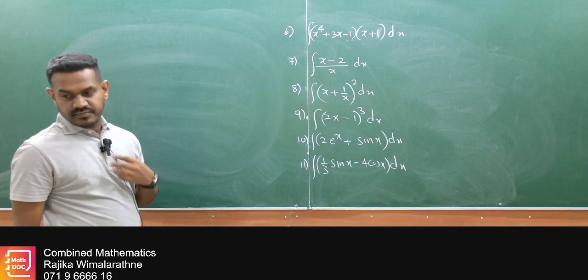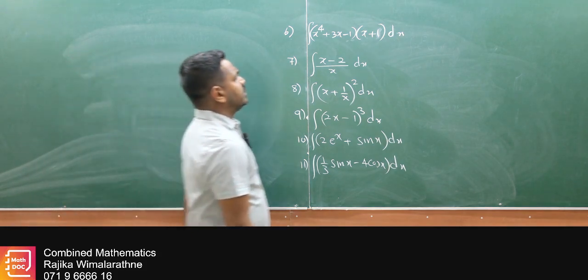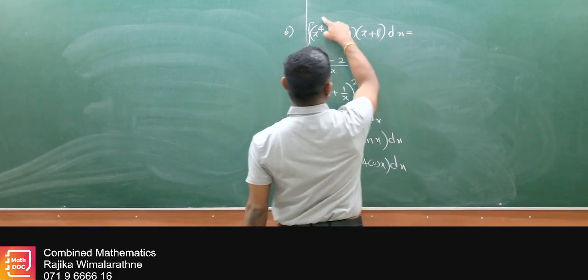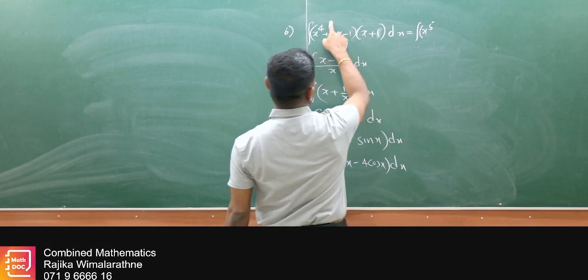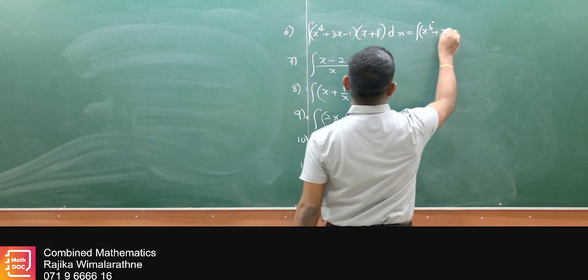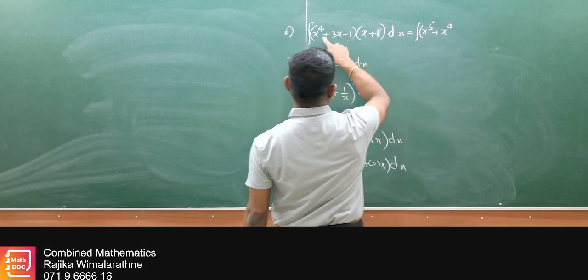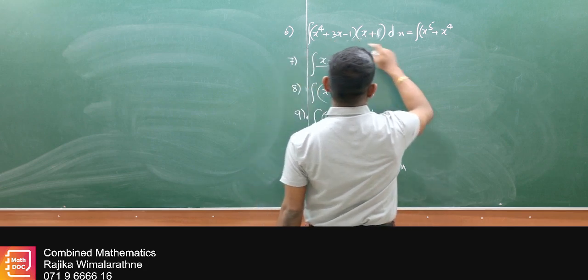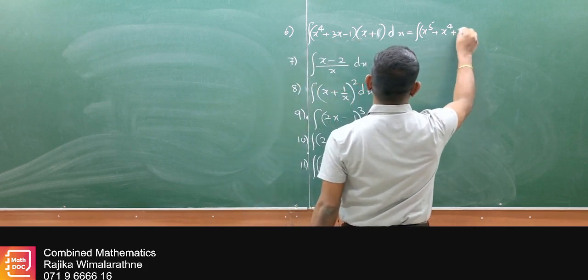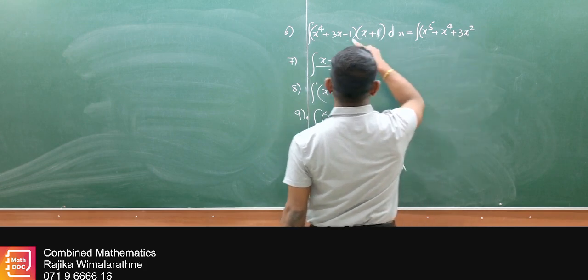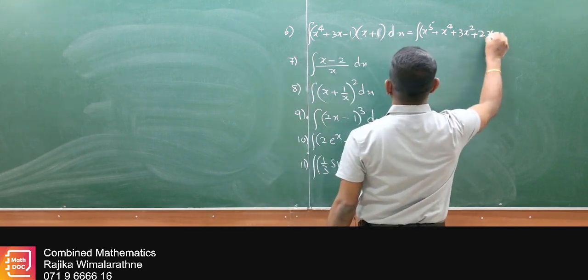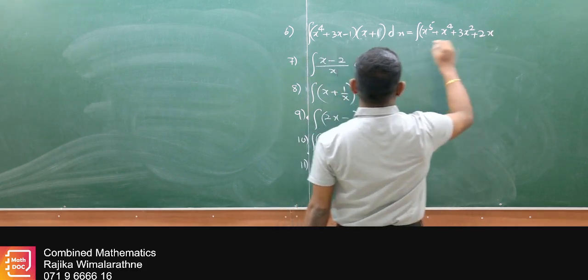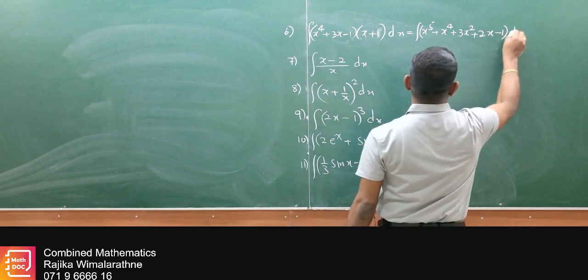Okay. Now here x to the power 5, x to the power 4, 3x squared, minus x plus 3x plus 2x minus 1 dx.